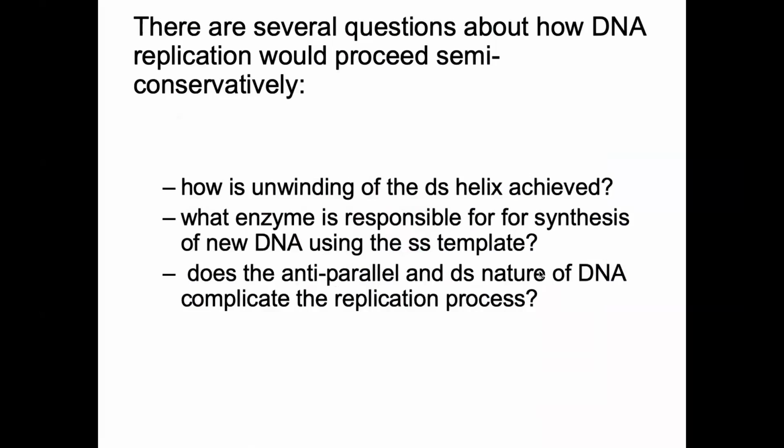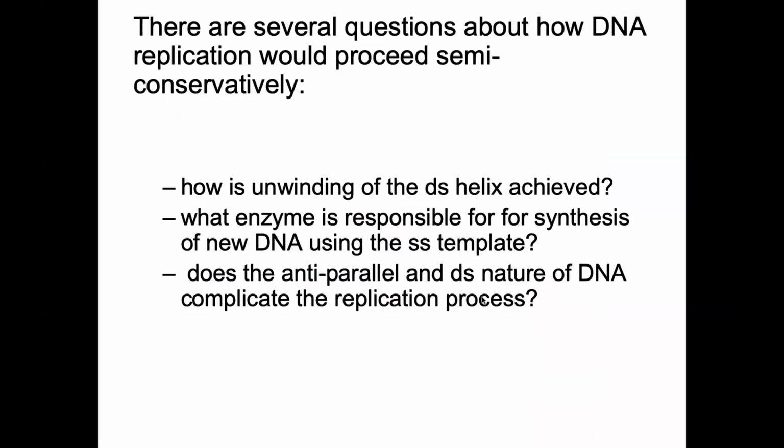So first of all, for semi-conservative replication to occur, you have to unwind the DNA. So how does the DNA unwind in the cell? That must be a component of this complex replication machinery. What's the nature of the enzyme that actually creates the new DNA off of the single-stranded templates? That obviously is a very important enzyme to understand. It's an enzyme that's responsible for replicating genetic material.